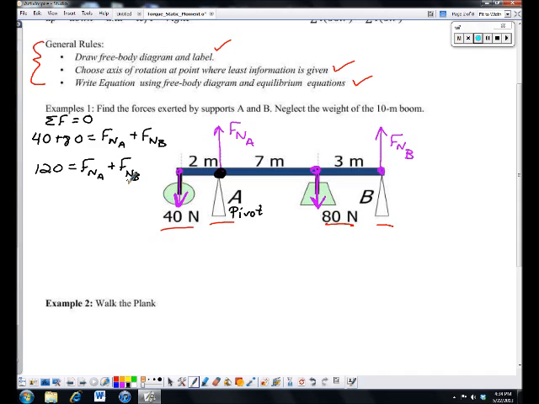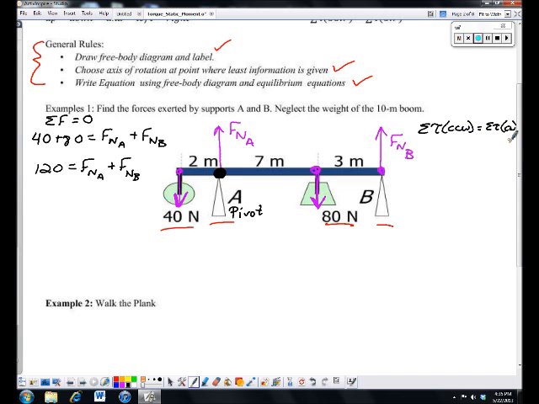Now instead of thinking of it equaling 0, I'm going to say counterclockwise torque equals clockwise torque. So if A is my pivot, let's talk about counterclockwise. The only things going counterclockwise are my 40 newton force and my FNB. So the sum of torques counterclockwise equals the sum of torques clockwise.